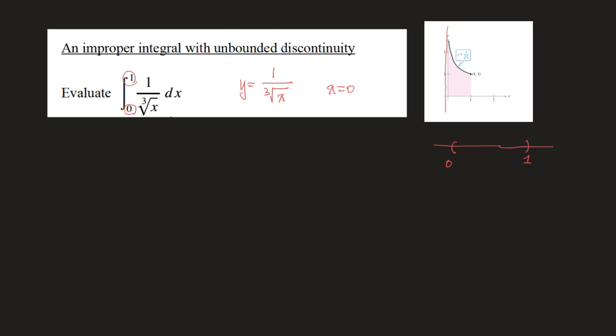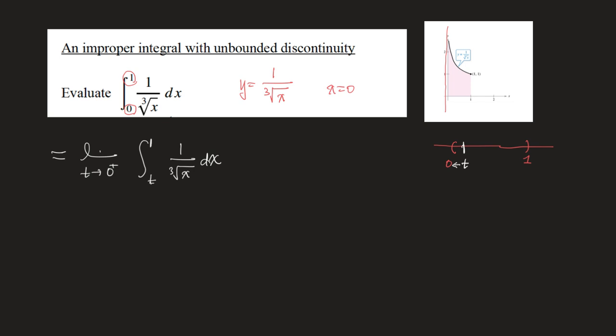So we take a t value right here. The definition is a limit as t approaches 0 from the right, so you put the positive. Then the integral from t to 1 of 1 over the cube root of x dx.